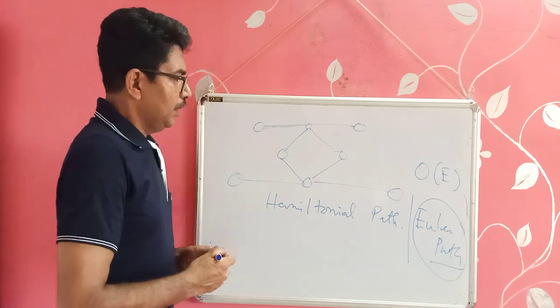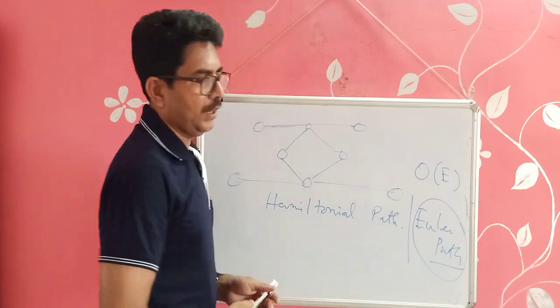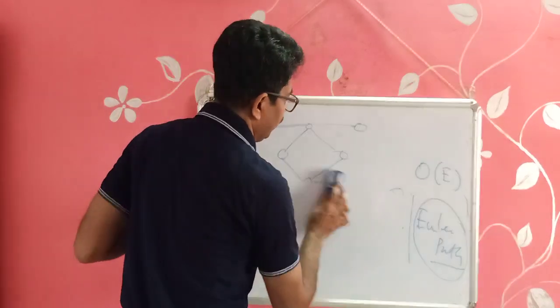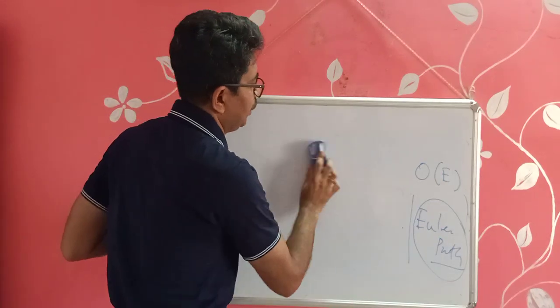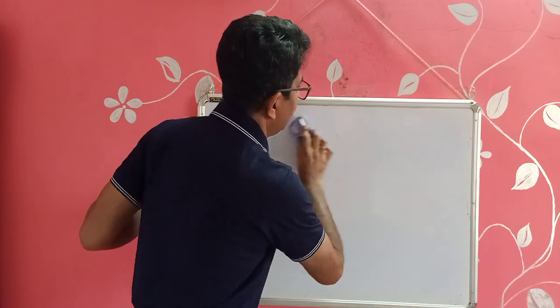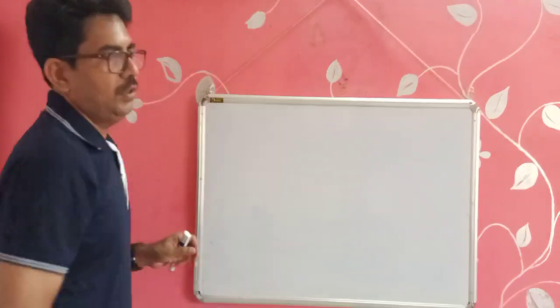So there are different kinds of problems where till now we have not got any deterministic polynomial time algorithms, and we have to rely on non-deterministic polynomial time algorithms. So what we have got?